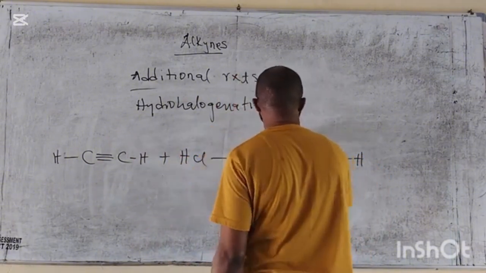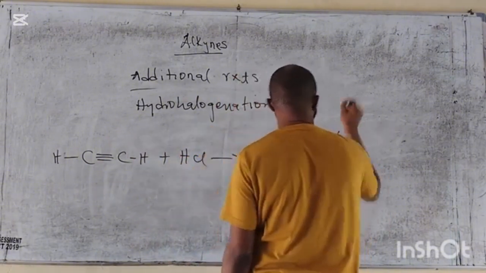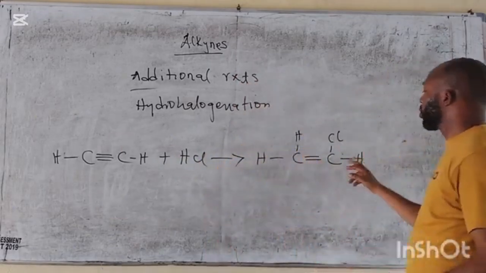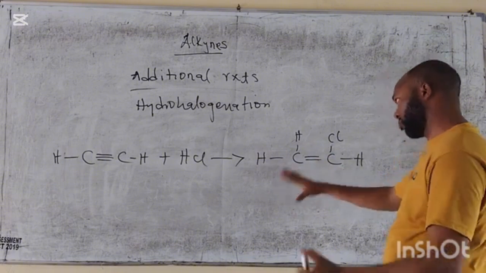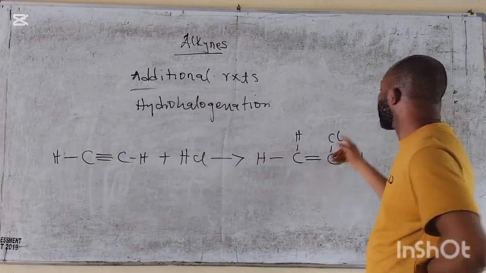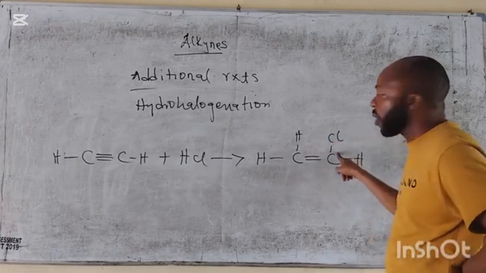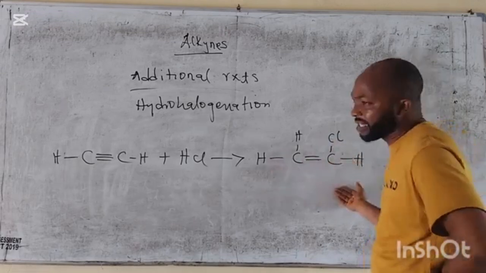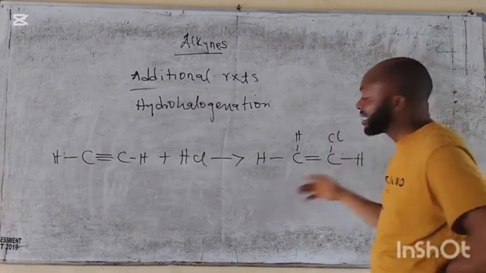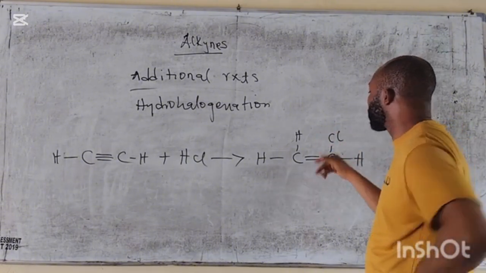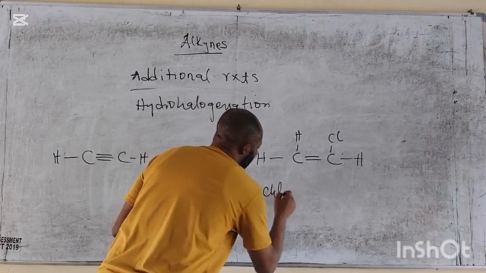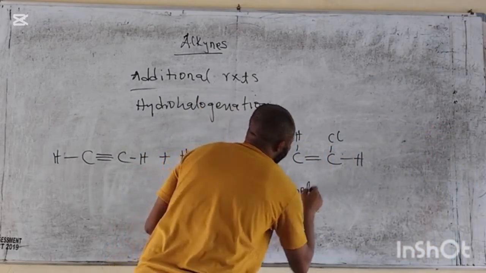I have one hydrogen here and I have chlorine here. So if this is true, 1, 2, 3, 4, 1, 2, 3, 4, tetravalency is maintained. So we want to name this. The chlorine is here, so this becomes our 1, because the double bond is here. So this becomes 1-chloroethene.